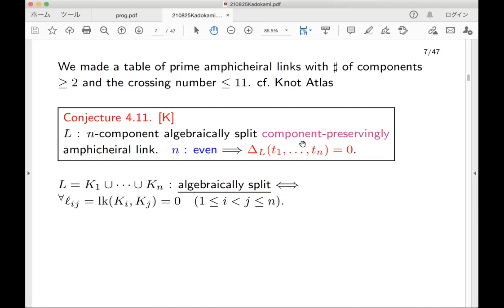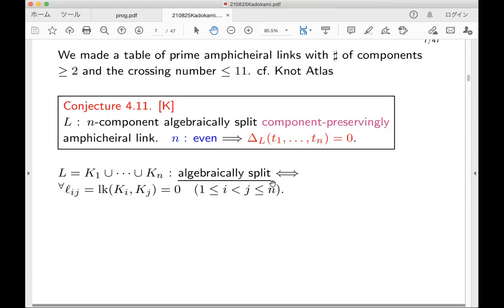I'll explain this terminology later. I conjectured that, for L an n-component algebraically split, component preserving Amphicheiral link and n even, the multivariable Alexander polynomial of L is equal to 0.